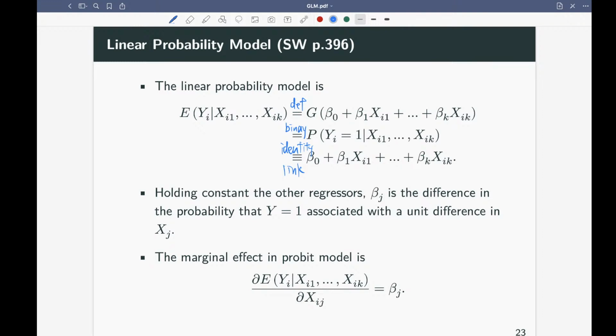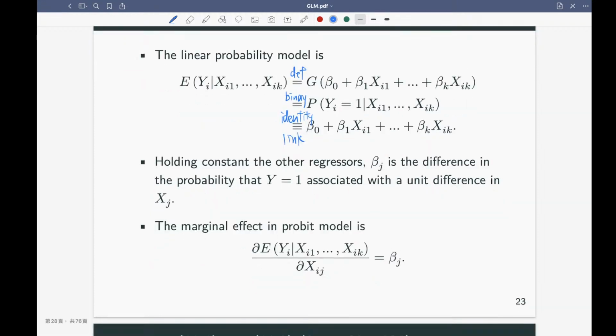How can I interpret the coefficient? In our textbook, they use "holding constant the other regressors." You can also use "other things being equal."